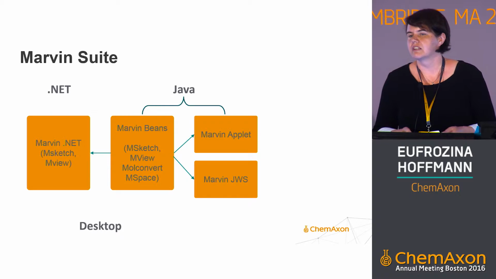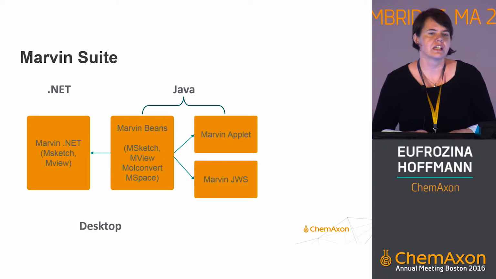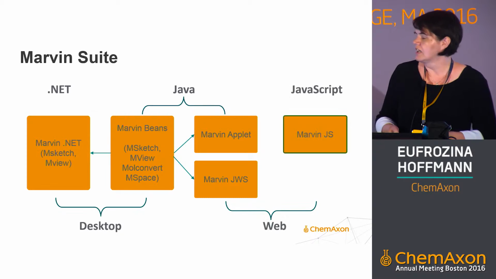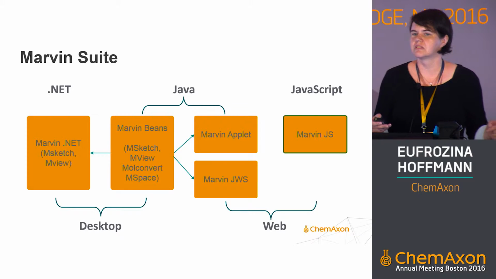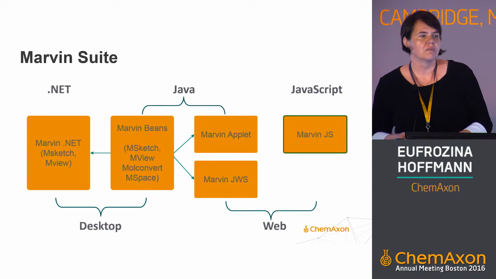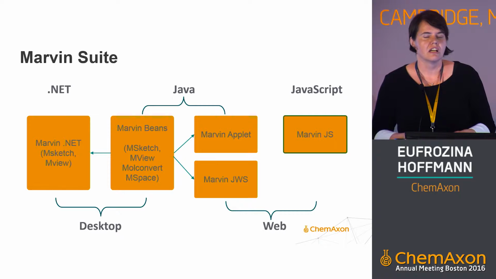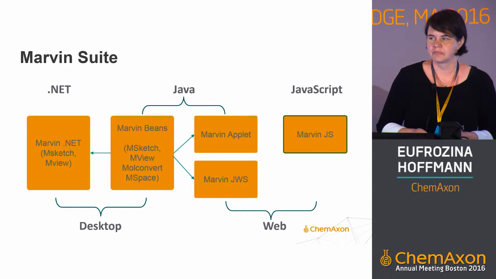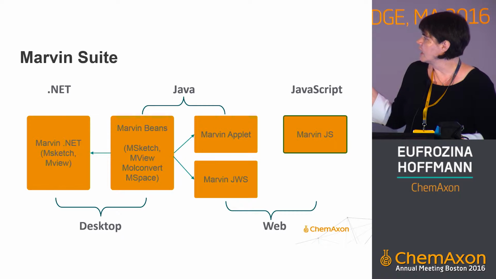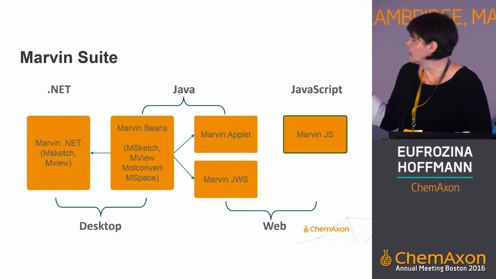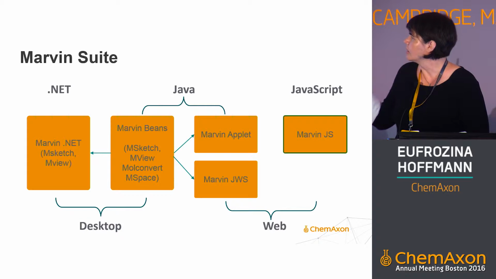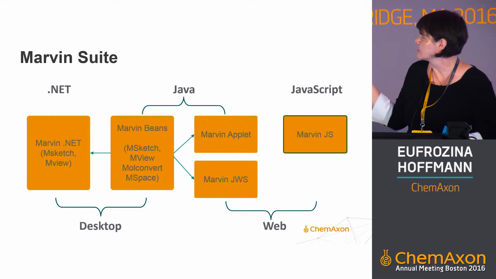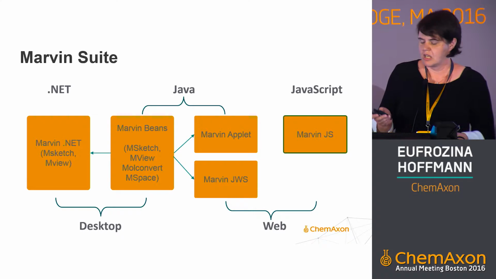And a little bit more than 4 years ago, we started to write a very new member of the family, which you could hear even today quite frequently, Marvin JS, which is a JavaScript browser component for chemical drawing. And as you can see, there is no direct connection between the original Java Marvin Sketch and JavaScript Marvin JS.